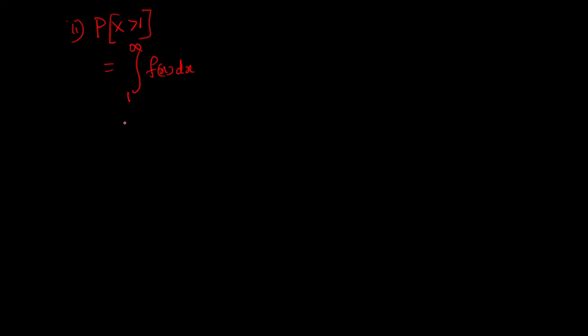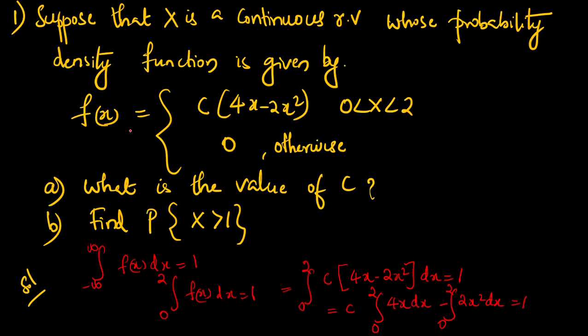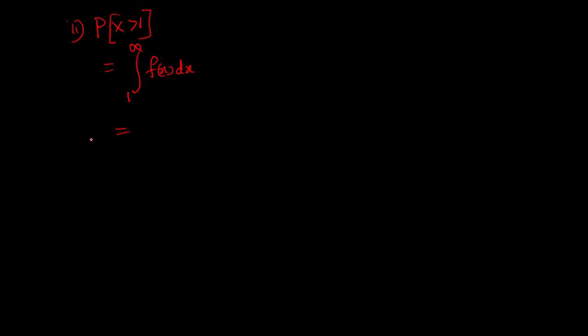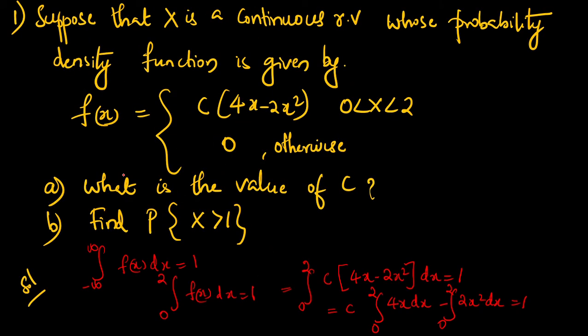Substituting the value of f of x when x is greater than 0 and x is less than 2. Function will be c into 4x minus 2x square. Substituting that, c into 4x minus 2x square dx within the limits 1 to infinity. And here the maximum limit is 2.